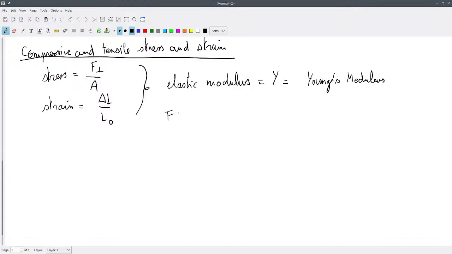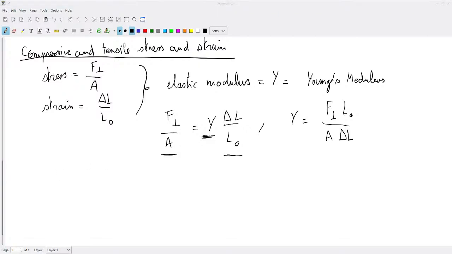So the stress F perpendicular over A will be Y times the strain, delta L over L0, or Y, if you were to make a measurement where you apply a certain set of forces, is F times L0 over A times delta L. So a larger Y will mean that you need a larger force over the same cross-sectional area to obtain the same strain, the same change in length of the material.